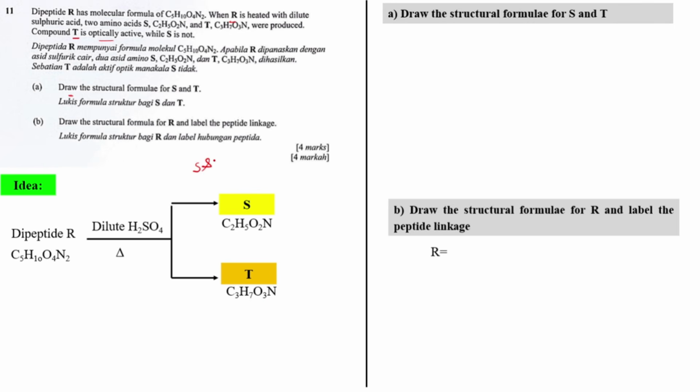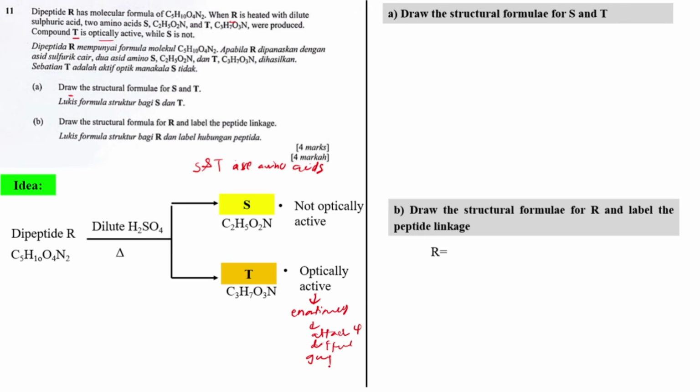So S and T here are amino acids. The compound T is optically active, meanwhile S is not optically active. Optically active means that it is an enantiomer and it is attached to four different groups of atoms, so it consists of a chiral carbon.